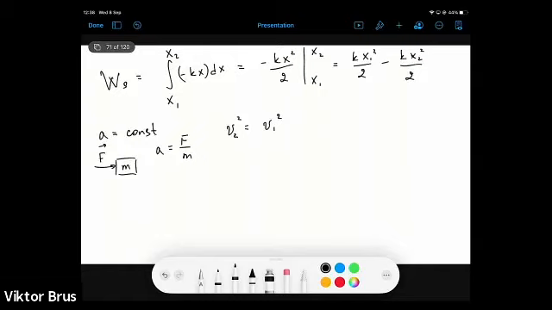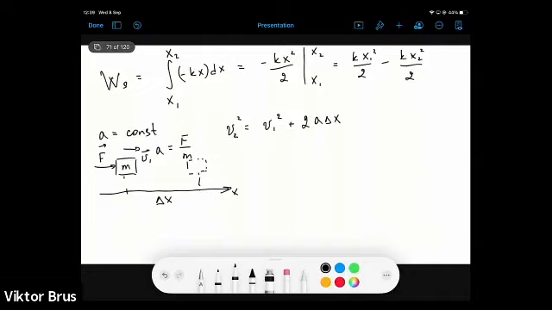So v2 squared is equal to v1 squared plus 2a delta x. So we consider here some axis x. This body is moving with some initial velocity v1, then we apply force, and it moves to a new position along axis x, and this displacement is delta x.